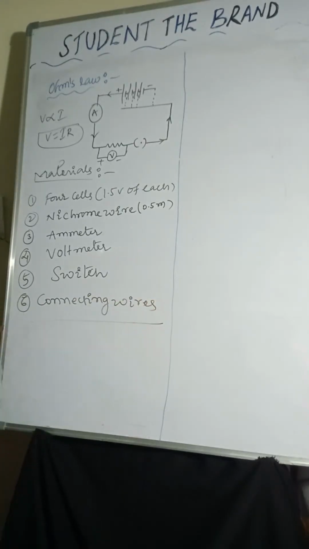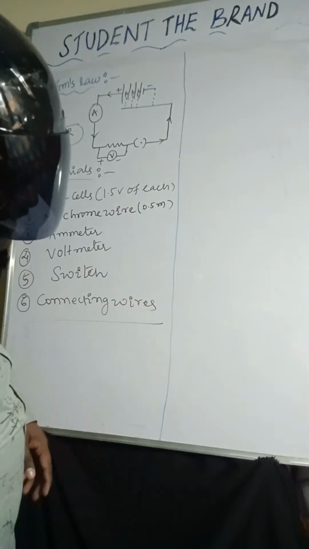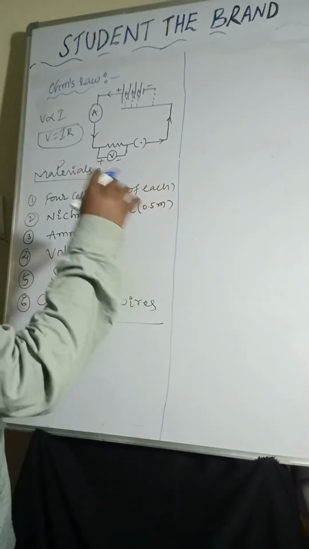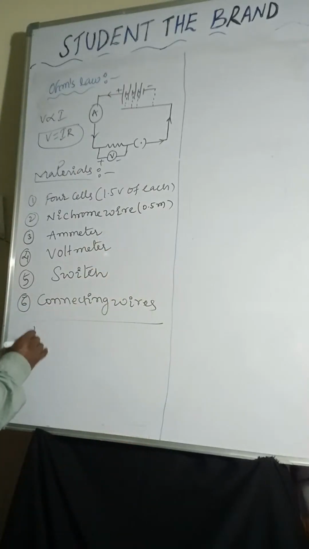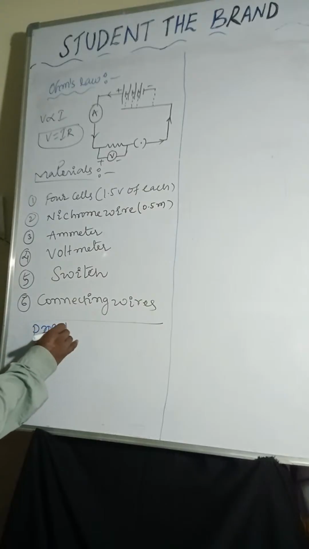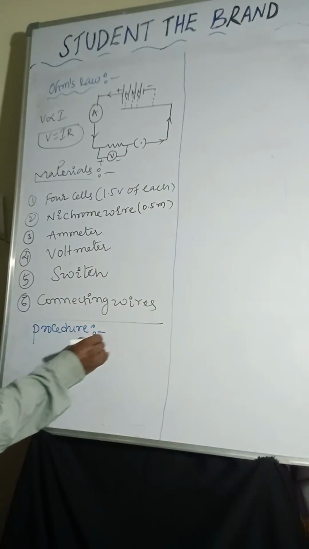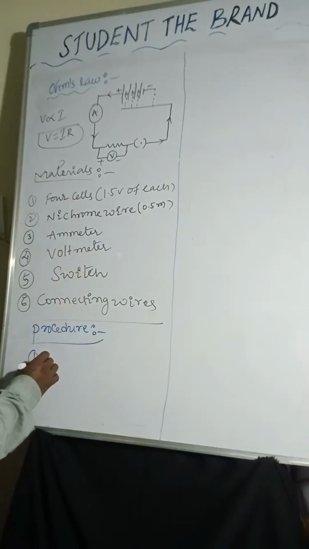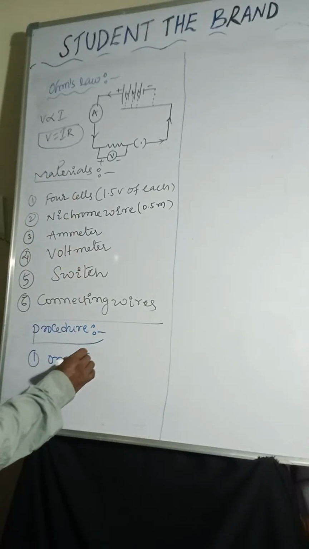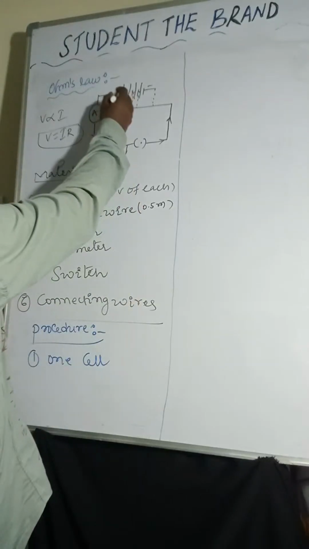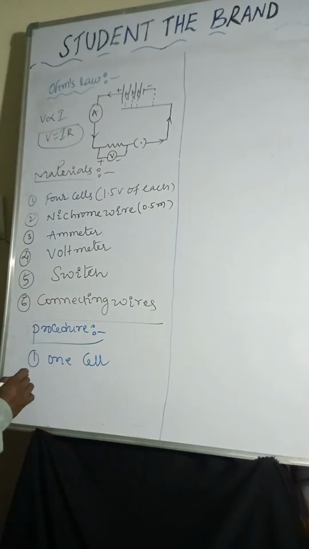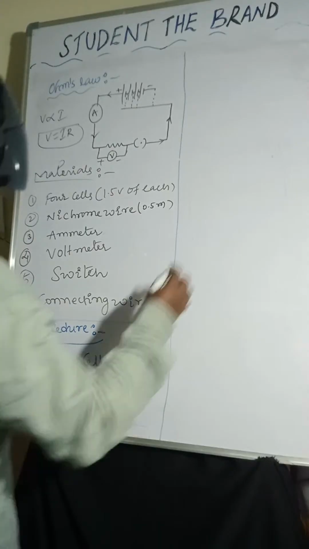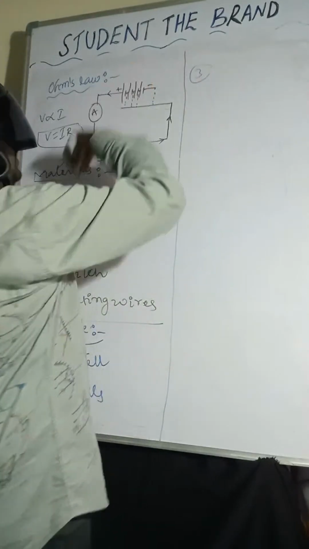Now the procedure. First connect one cell and note down the reading of the ammeter and voltmeter. Next connect two cells and note down the reading of the ammeter and voltmeter.